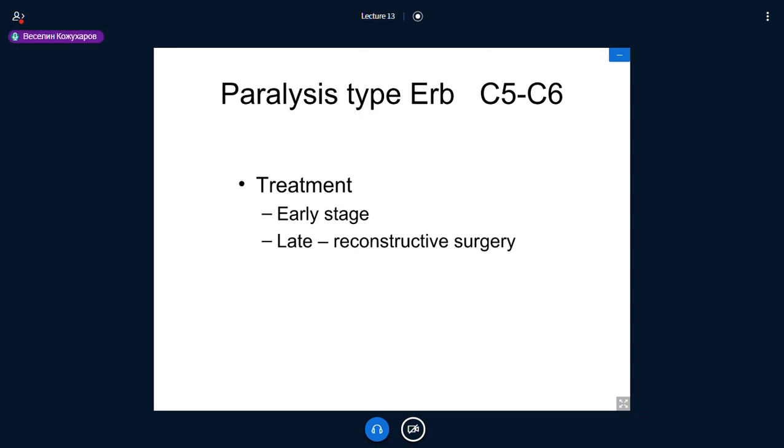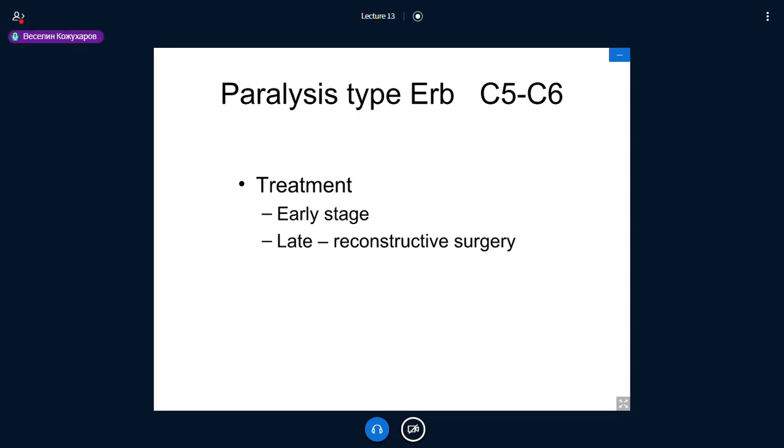By this way, we could restore the torn or divided neural structures by suturing.